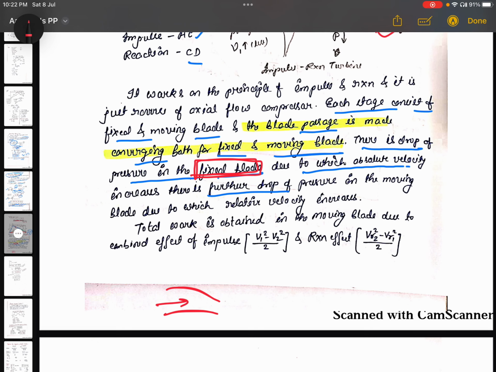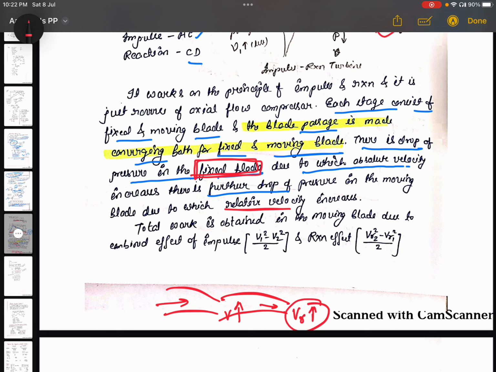The pressure drop occurs due to which absolute velocity increases. There is a further drop of pressure in the moving blade. Now again in the moving blade, a drop of pressure occurs due to which relative velocity increases. Now relative velocity also increases here.